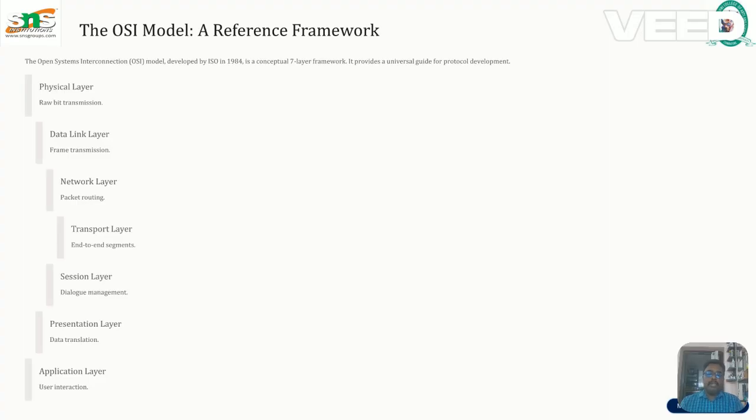So again, we are going to discuss this OSI layer, which is divided into seven layers. This is one of the primary references we consider whenever we discuss the layered architecture. So the first one is the physical layer, where it involves raw bit transmissions. Next one comes the data link layer, where we use frames.